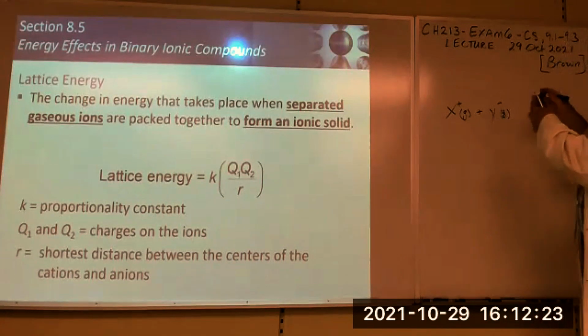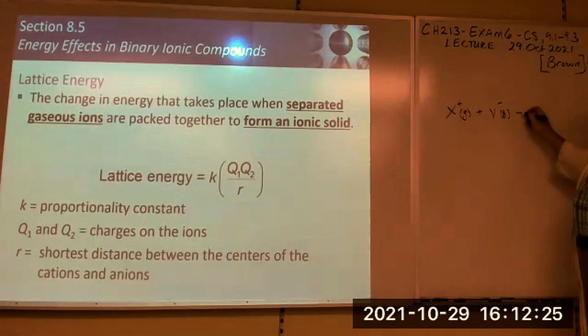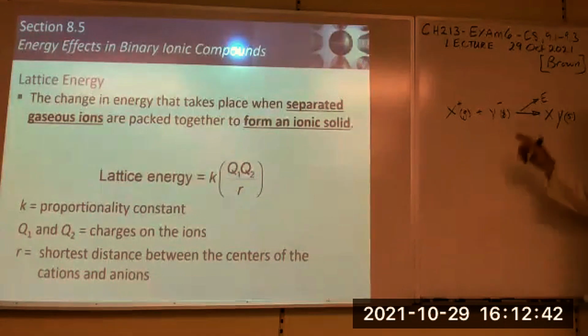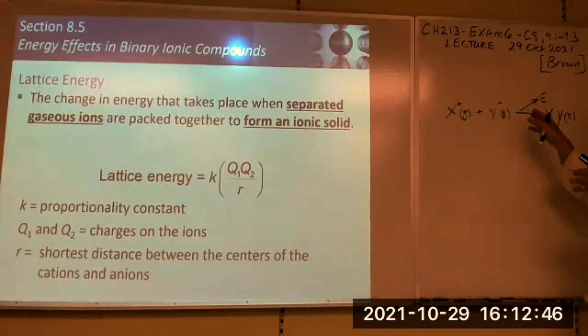Let's just say it's simple and diatomic like that. When it forms a solid from those two, there's energy given off. It's an exothermic process. That is the lattice energy. And since it's energy leaving the system, it'll always have a negative sign.